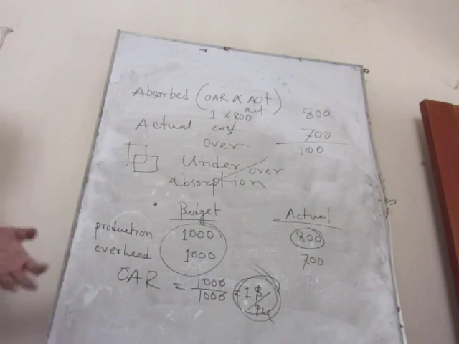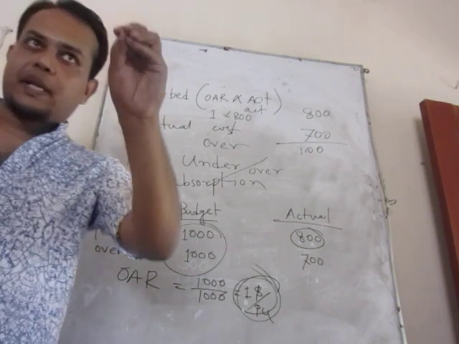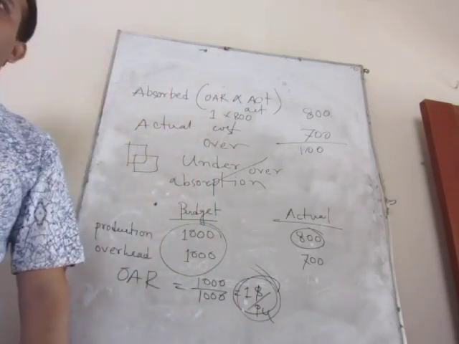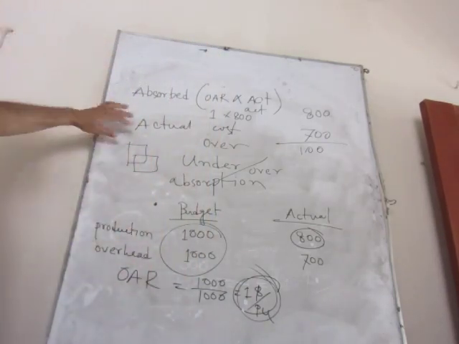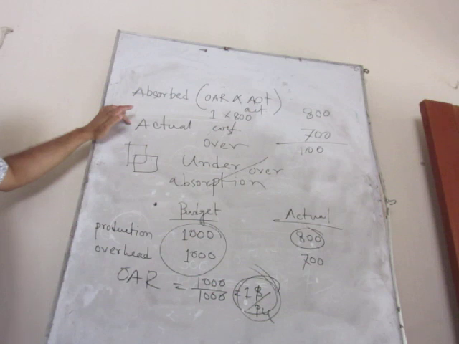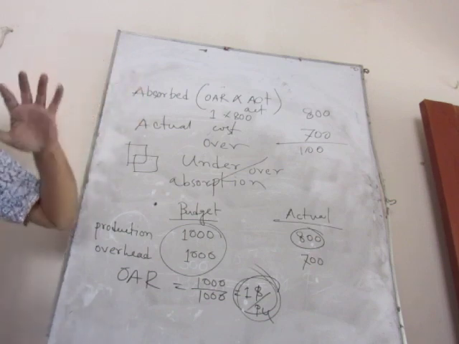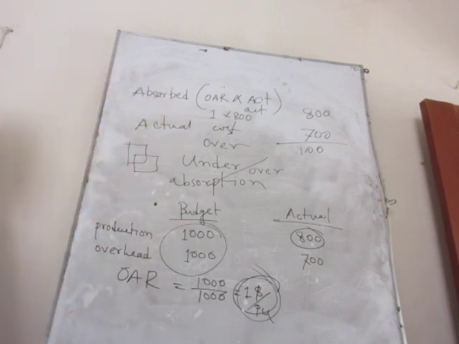So under over means whether your expectation is under or over than the actual. So if you are provided actual upper and absorb lesser, it doesn't mean anything by itself. You have to compare whether the absorb is under or over than actual. That is the comparison. Clear?